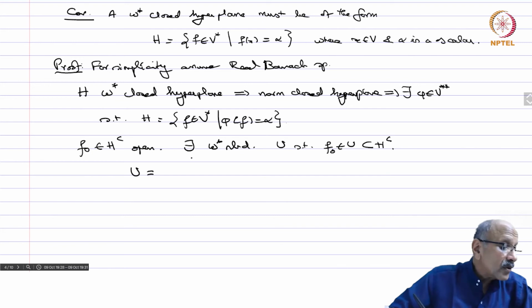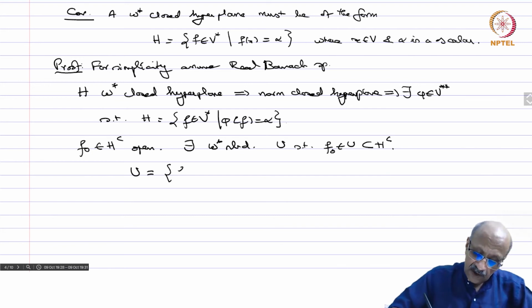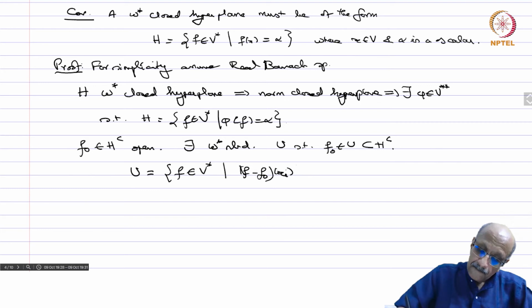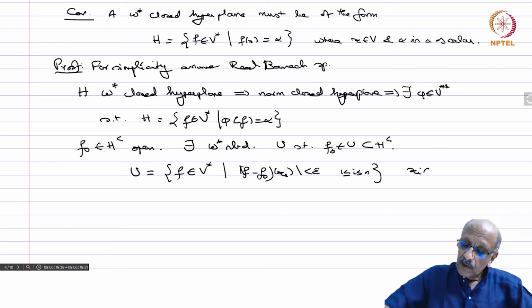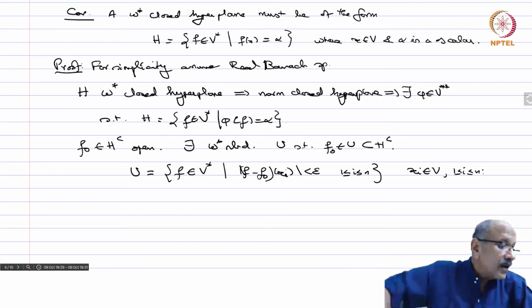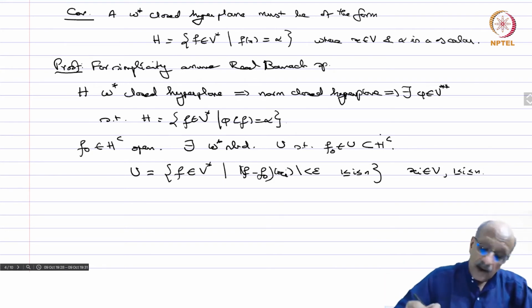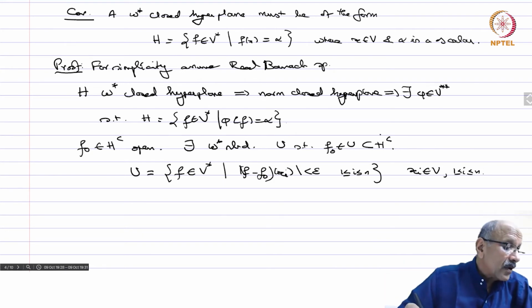U is going to look like the set of all f in V star such that mod (f minus f naught)(x_i) is less than epsilon, 1 less than or equal to i less than or equal to n, and x_i belongs to V, and epsilon is positive.